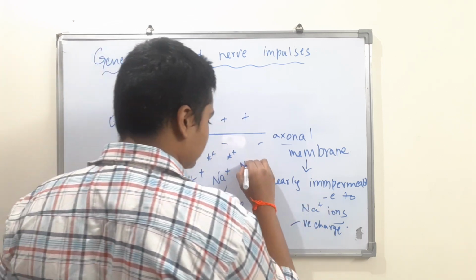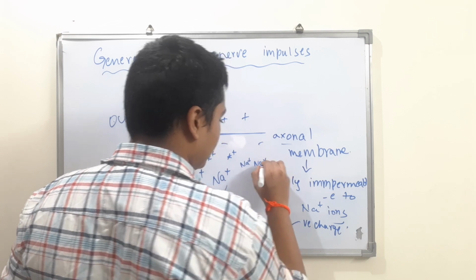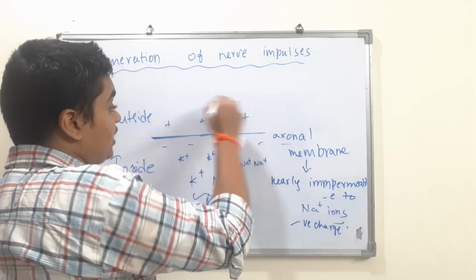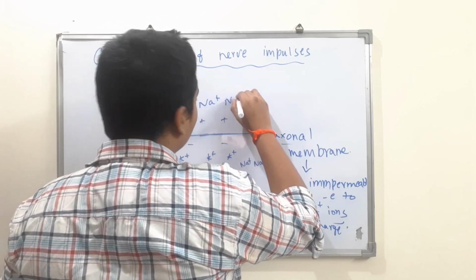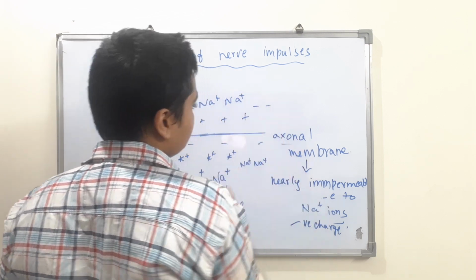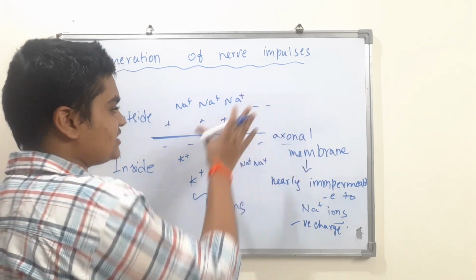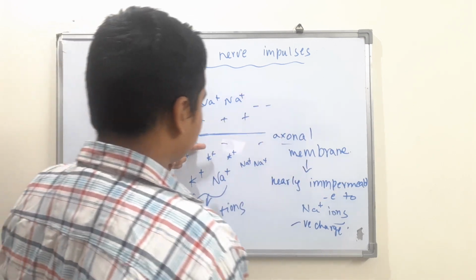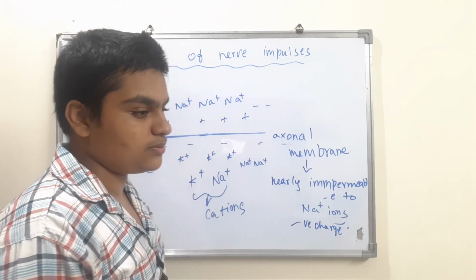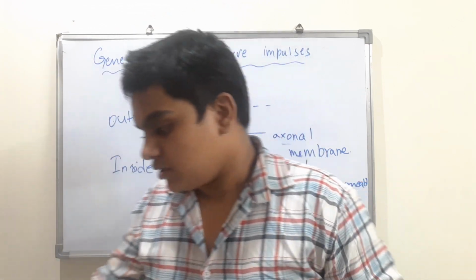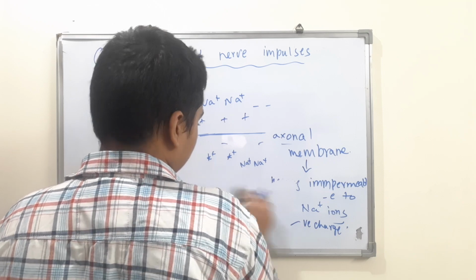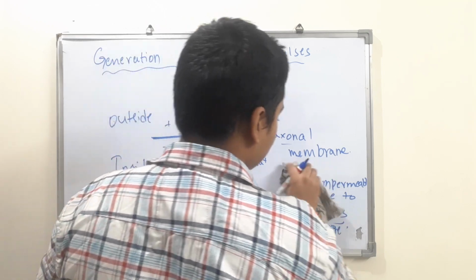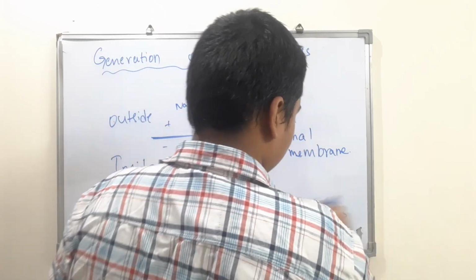Inside there can also be some sodium ions, but outside there is more concentration of sodium ions, and there is very little concentration of negative charge. Since this is happening, this is polarized. This is the polarized state.